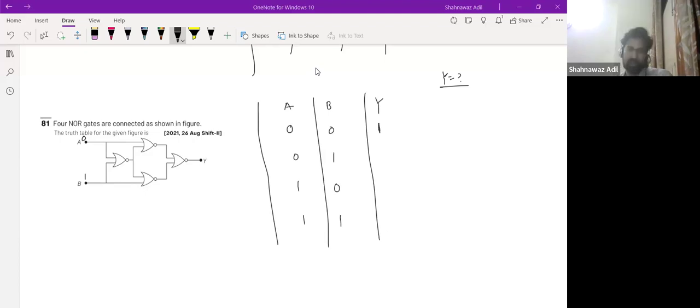What would be the output for 0, 1? Tarif is saying 1. Okay, and what about the rest of the guys?